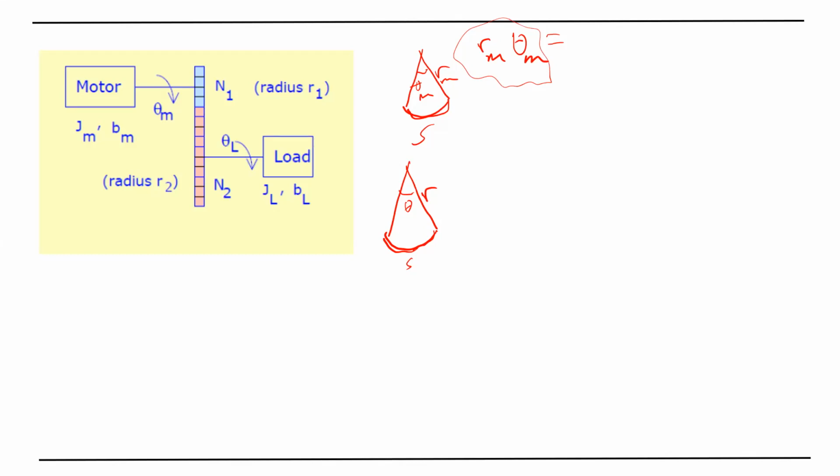Yes, but of course with a smaller theta. It's going to be R2, or R load, times theta load. Theta load will be less than theta m since R2 is greater than R1.